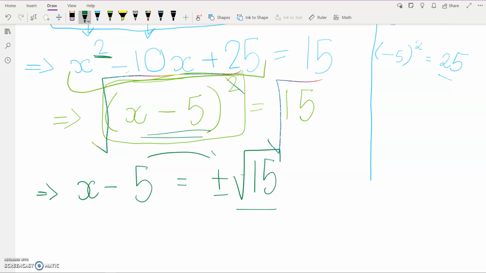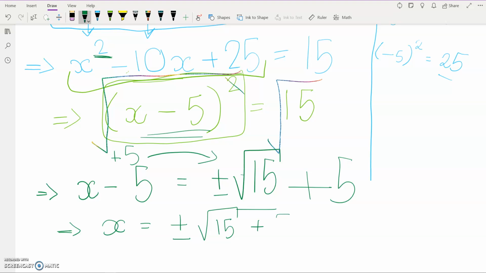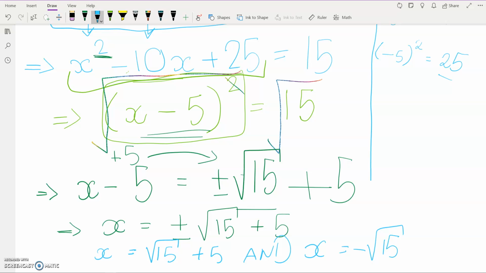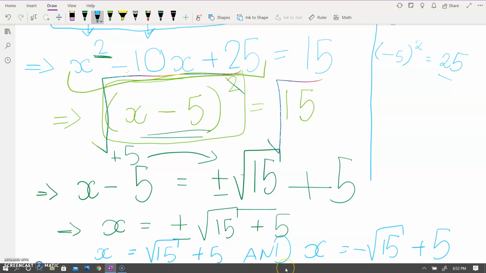So now if we add 5 to both sides, we now get x is equal to the plus or minus square root of 15 plus 5, which means x is equal to the positive square root of 15 plus 5, and x is also equal to the negative square root of 15 plus 5. So these are our two solutions.